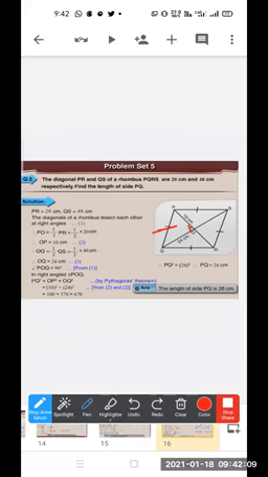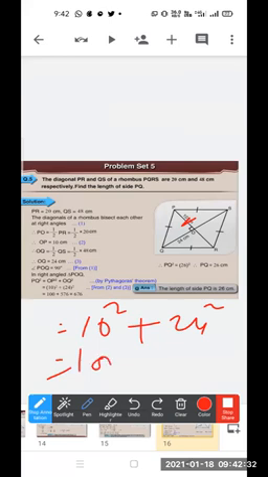So let us see. PQ square is equal to OP square plus OQ square, by Pythagoras theorem. OP we got 10, and OQ 24. So 10 square plus 24 square. 10 square is 100 and 24 square is 576.